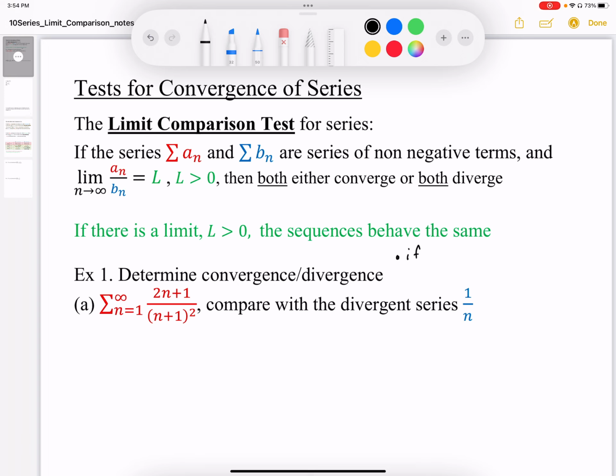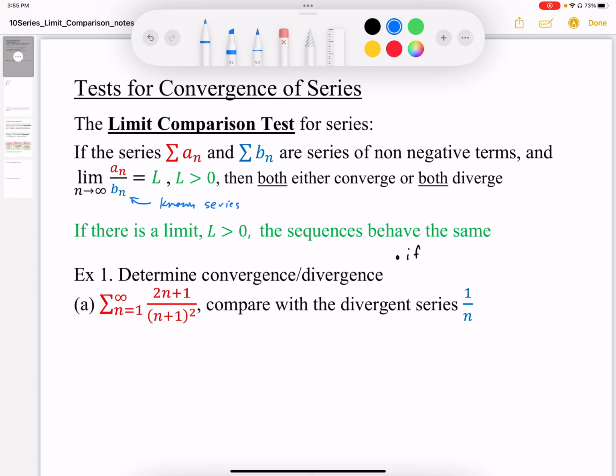How we use this test is, if one of these is a known series, for example if b is a known series, converging or diverging, we can set up this test to try to get the known series to match the unknown series, in this case a, and we're looking for this limit to equal some number.